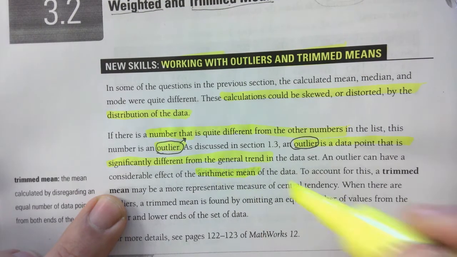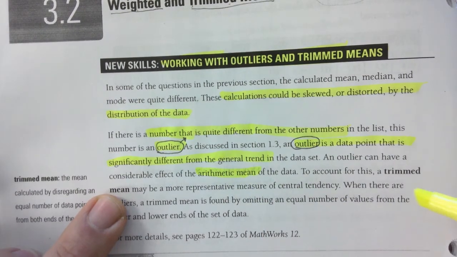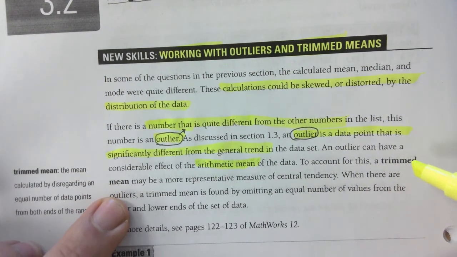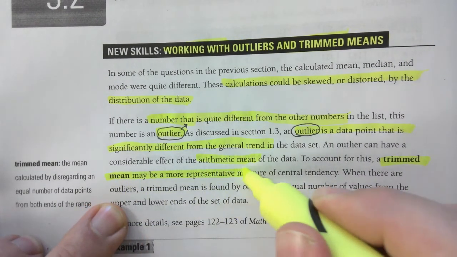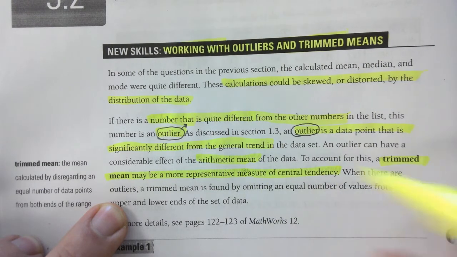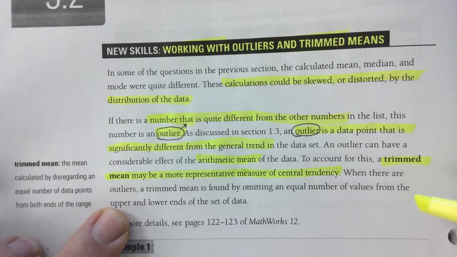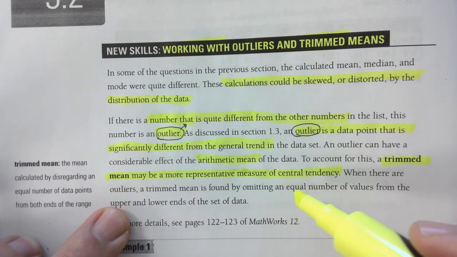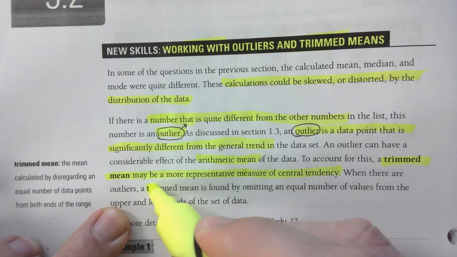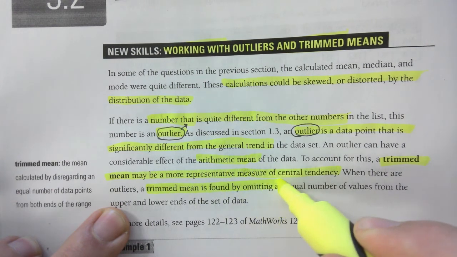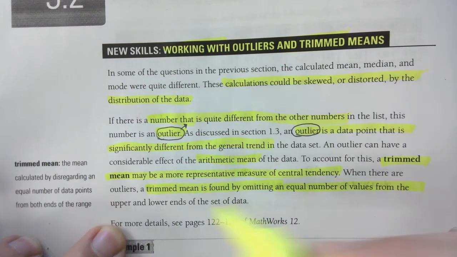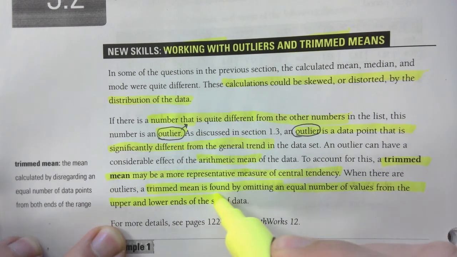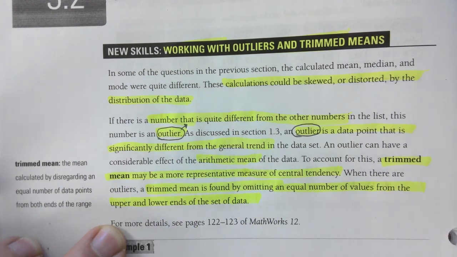To account for this, trimmed mean may therefore be a more representative measure of central tendency when there are outliers. Trimmed mean is found by omitting, that means ignoring, an equal number of values on the upper and lower ends of the set of data.